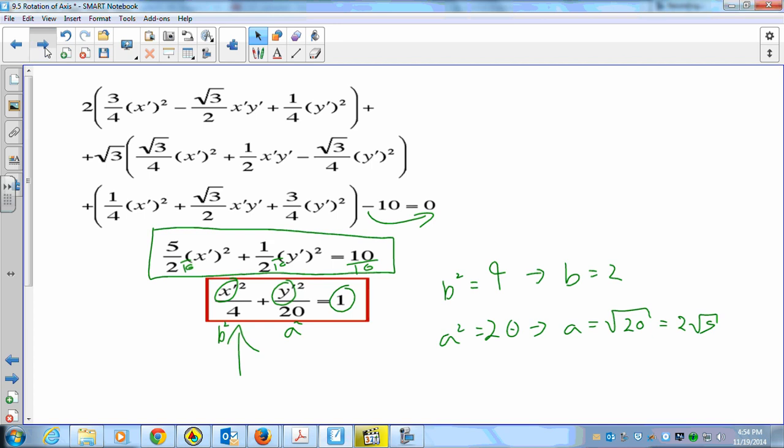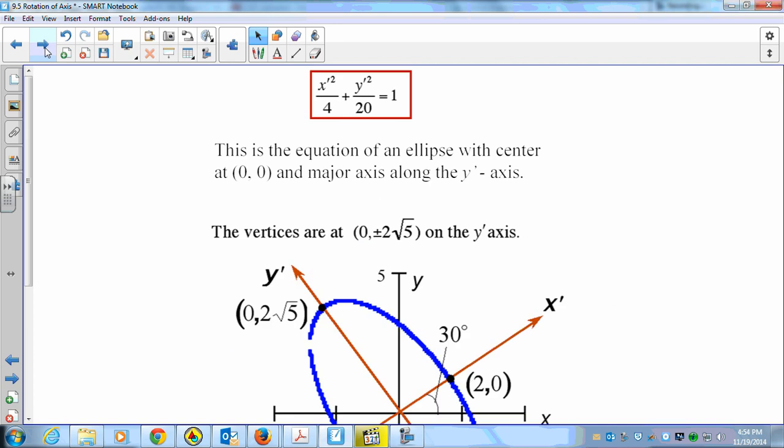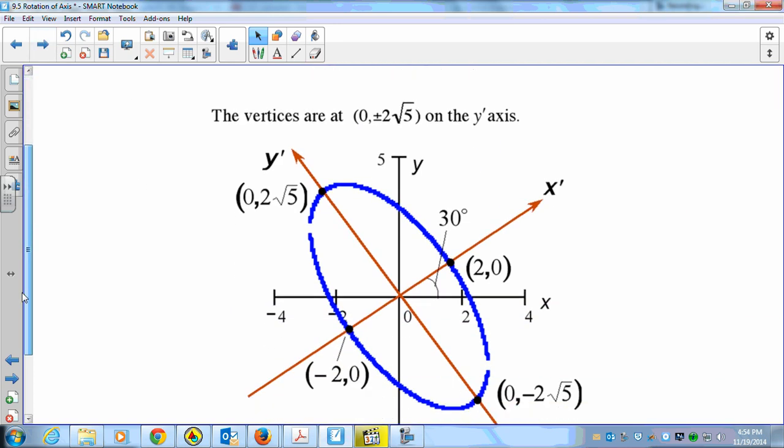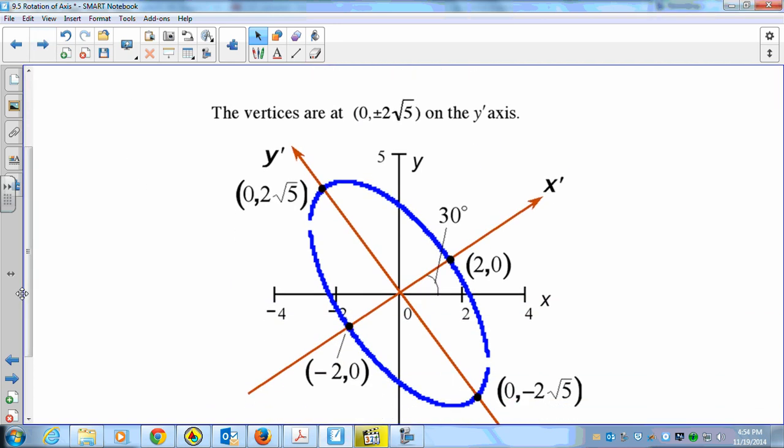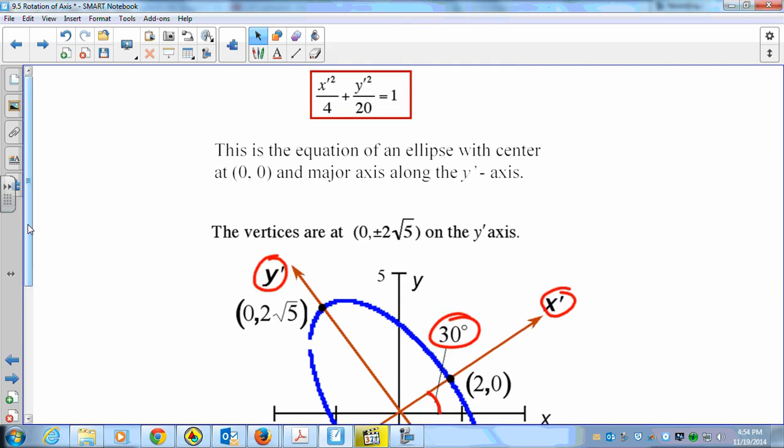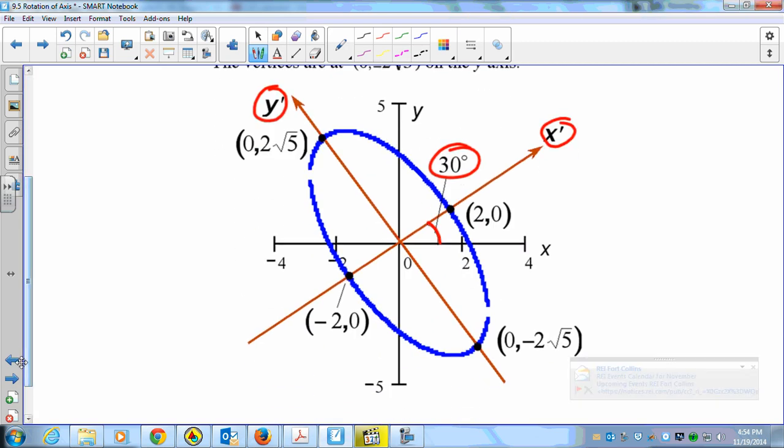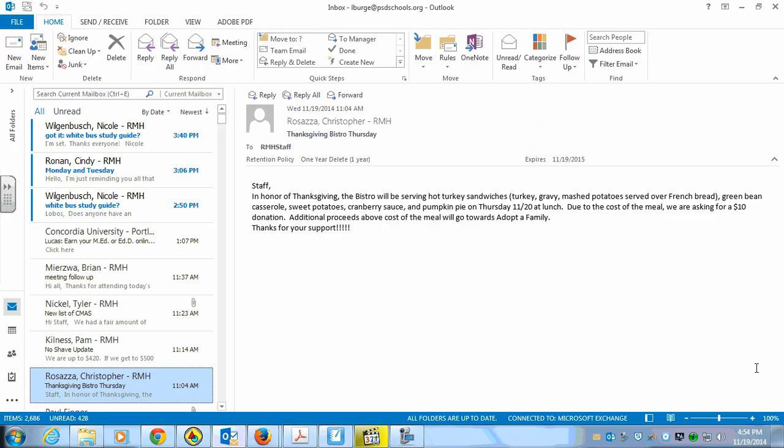So when we're asked to graph this now, we can go ahead and rotate my axis 30 degrees right here. And now I have my new axes, x prime, y prime. And I'm going to graph my ellipse here. Notice the y has the a value, so that means it's going to be stretched in the y direction.